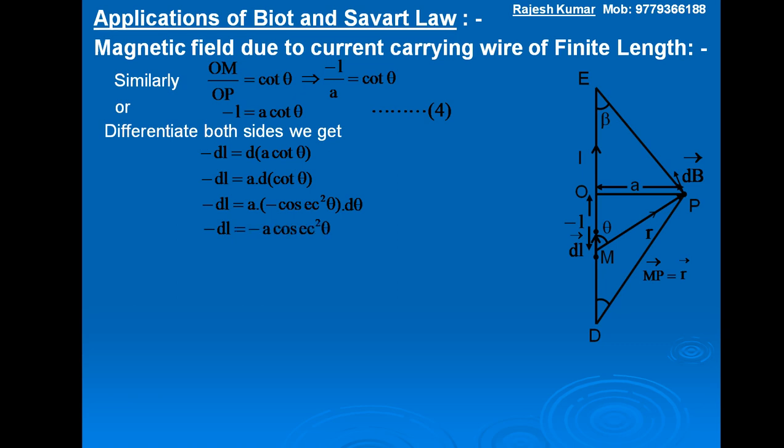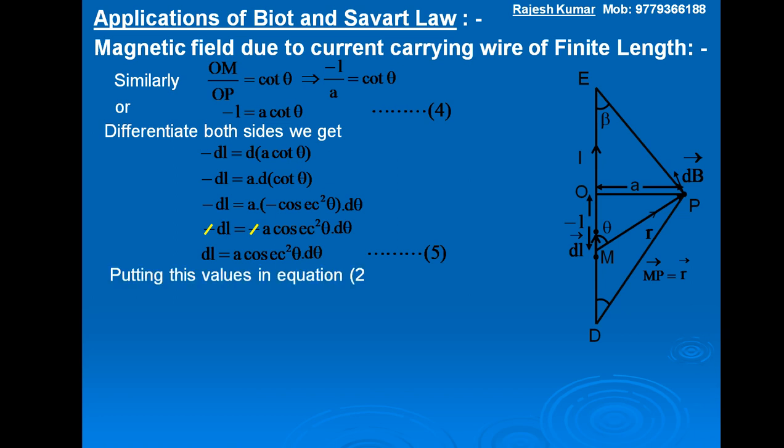Or minus dl is equal to minus a cosecant square theta d theta. Now minus and minus cancel each other, so we get dl is equal to a cosecant square theta d theta. Call this equation number 5.